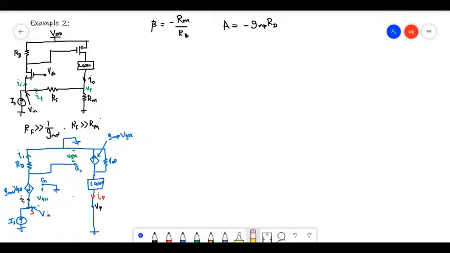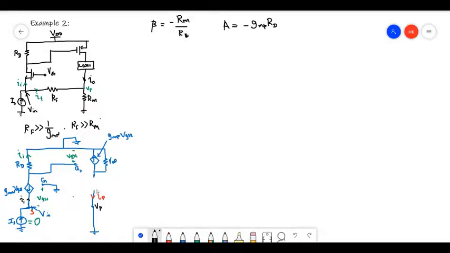Okay, so finally the output resistance. When we are calculating the output resistance, we have to make this source 0, and also we have to insert a current source instead of this laser diode.